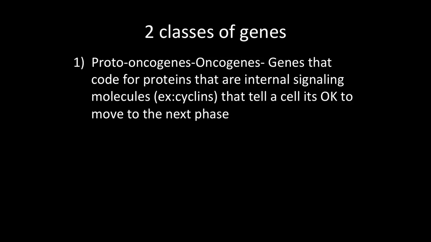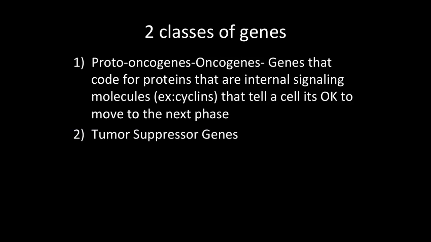If proto-oncogenes become damaged and they start making these signals when they're not supposed to, those signals are basically going to tell the cell to divide. And that's what cancer is, cells dividing out of control. So these signals are turned on when they're not supposed to. So whenever a proto-oncogene becomes active, we call it an oncogene instead.